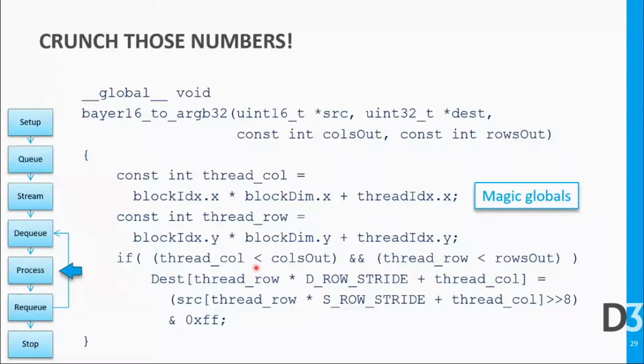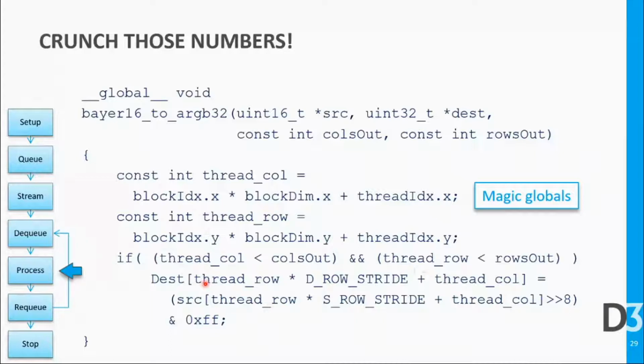So here we are. If we are within range and the destination memory actually exists, finally do something. And in this case, the something is, like I said, just to copy the top 8 bits of the source into the corresponding pixel of the destination.